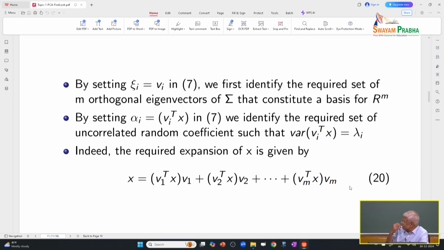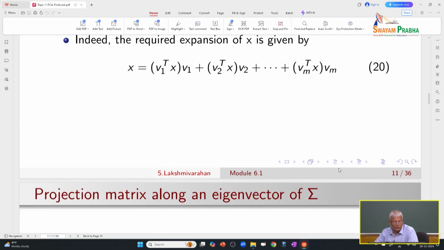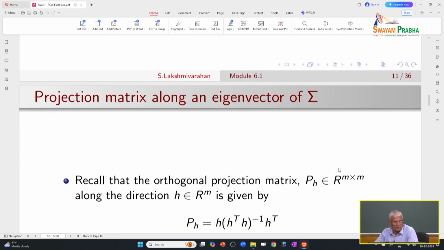So you can readily see the representation of the random variable can be derived from the eigenvalues and eigenvectors of its covariance, and by suitably defining a linear function of x with respect to the eigendirections. So expression 20 provides you the answer to the problem we are talking about.